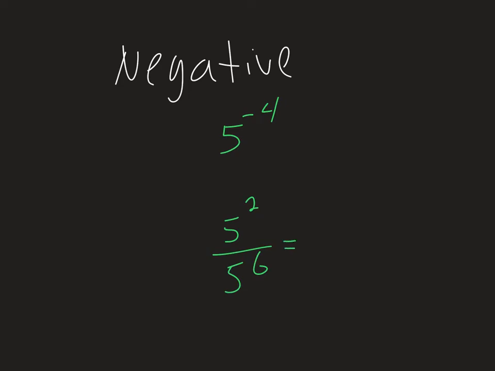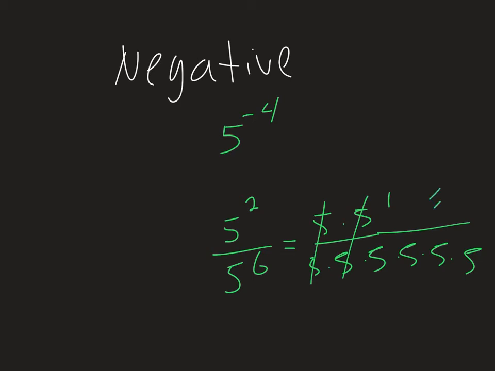We can write out 5 times 5 for the top, and 5 times 5 times 5 times 5 times 5 times 5 for the bottom. Two of these are going to cancel, leaving me a 1, which means this is equal to 1 over 5 to the fourth power. That would be one way of looking at it.